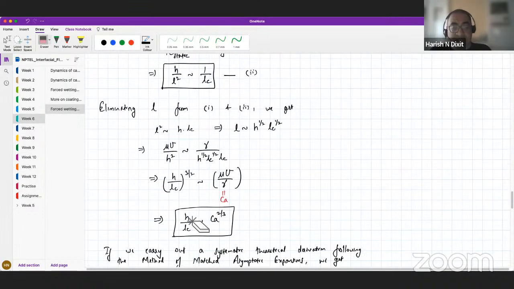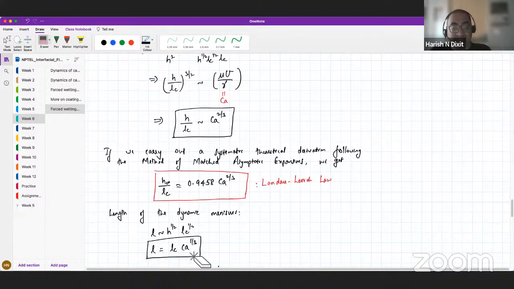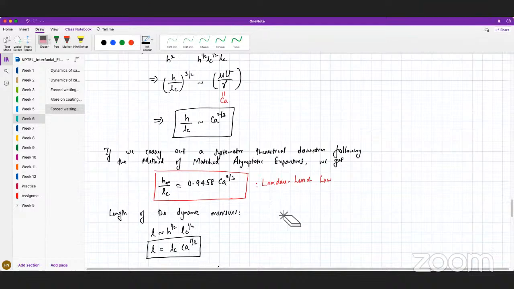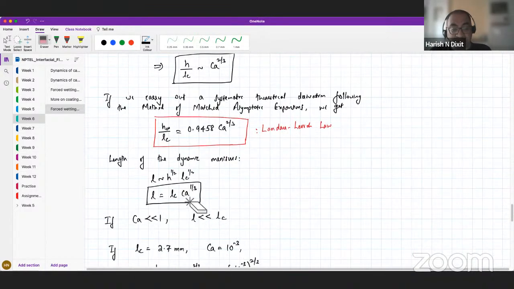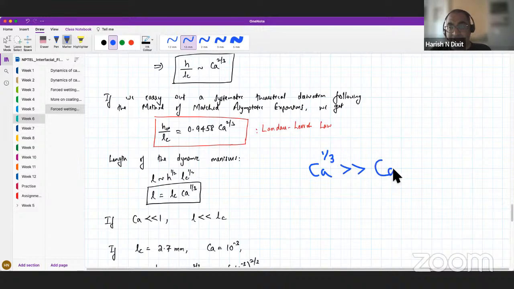The thickness scales like capillary number to the 2/3, whereas the dynamic meniscus length L scales like capillary number to the 1/3. So you can imagine that if the capillary number is very, very small, capillary 1/3 is much, much larger than capillary 2/3.